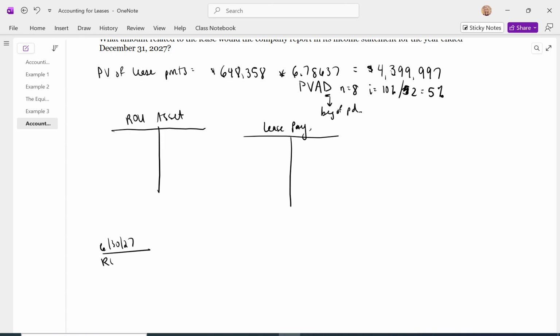The company records the right-of-use asset, a debit to increase the asset, at the present value of the lease payments, $4,399,997. Record the lease payable, the liability. Post this journal entry.